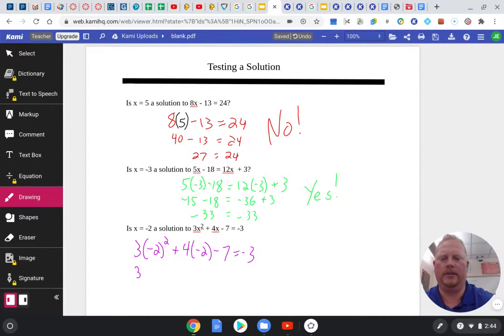So I move on to exponents. So negative 2 squared, that means negative 2 times negative 2 is a positive 4. If I didn't have those parentheses there, that might have screwed me up a little bit.